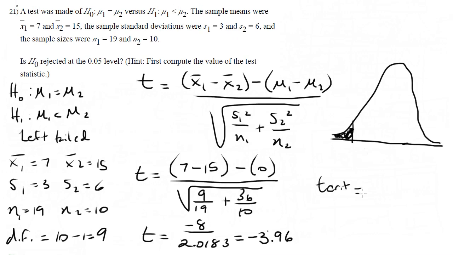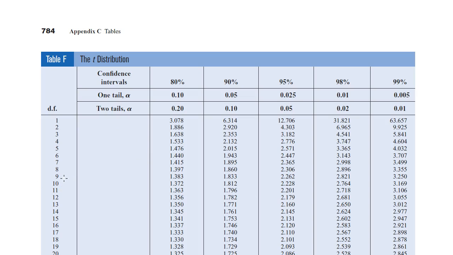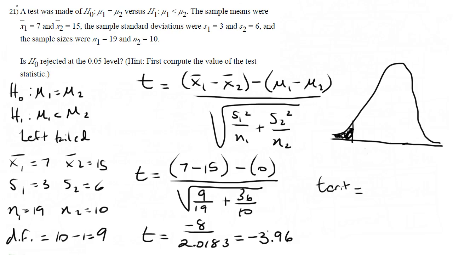So the t critical value is the one that we're finding from the table. 9 degrees of freedom, 0.05 level, one tail, that's 1.833. And since this is left-tailed, that'll be negative 1.833.